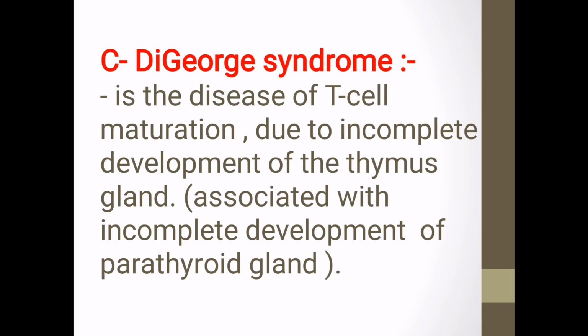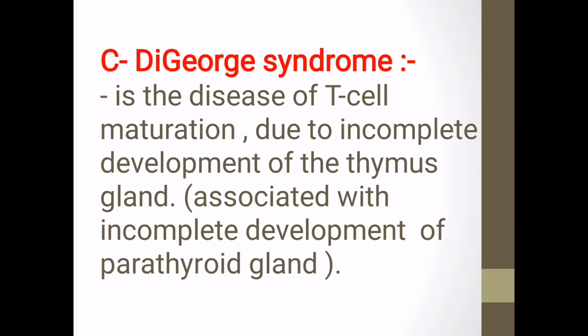You know that the T cell originates from the bone marrow and differentiates in the thymus. So when there is incomplete development of the thymus, the T cell will not differentiate. Also this disease, DiGeorge syndrome, is associated with incomplete development of the parathyroid gland. There is a problem in the parathyroid gland, so the patient has hypocalcemia because there are no parathyroid hormones.